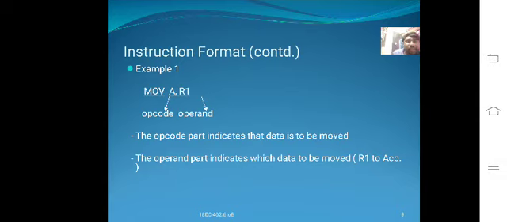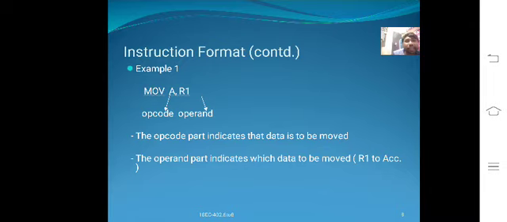The example clearly says MOV A, R1. Here the data in R1 is moved to the accumulator A register.